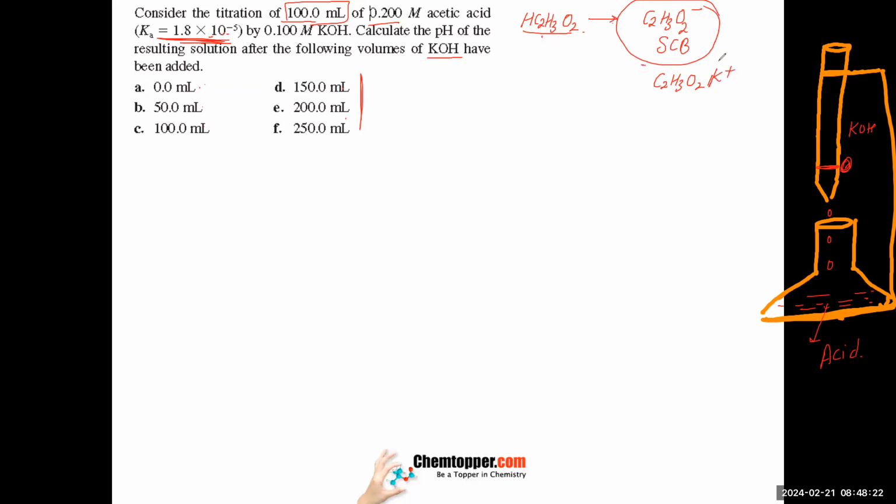The strong conjugate base. So what will be the pH at the equivalence point for this titration? It is more than 7. It's not a neutral salt, it's a basic salt, right? Let's see whether we get a pH more than 7.